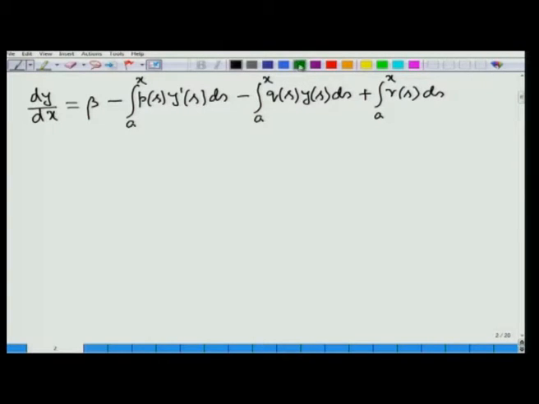Now, we are going to integrate this integral using the formula for integration by parts.